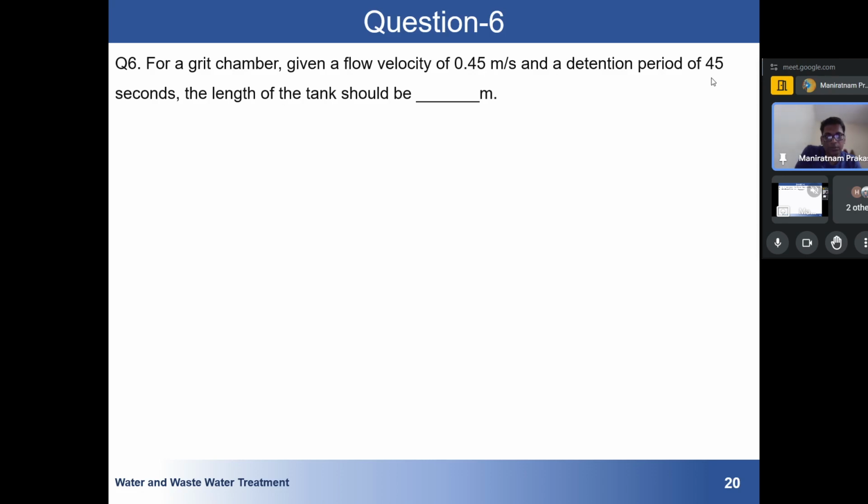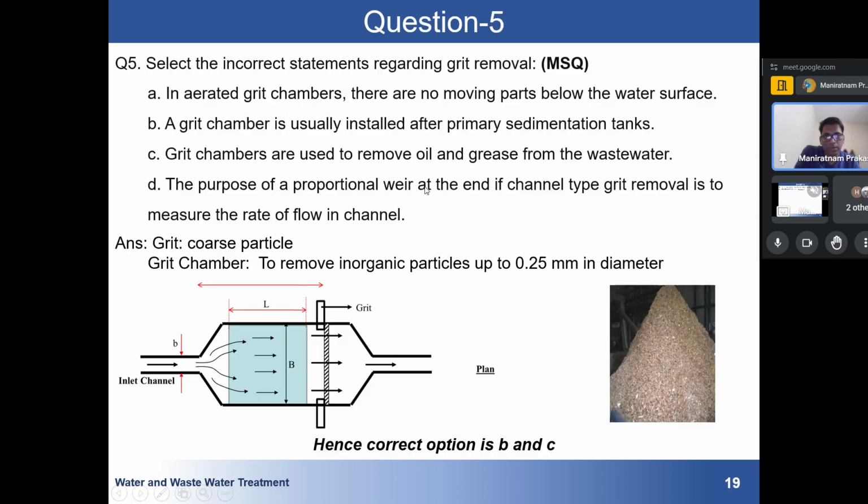Flow is given to you, detention time is given to you. You have to find the length of the tank. I have discussed many things, but I am just giving you a hint. Use this diagram: length, time, and some velocity. So what will be the length? You have to move from here to here at some velocity, and the time required is given to you.